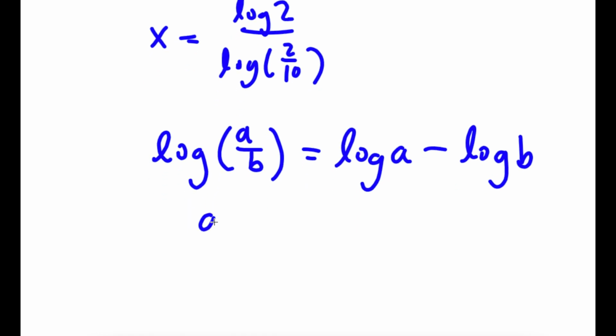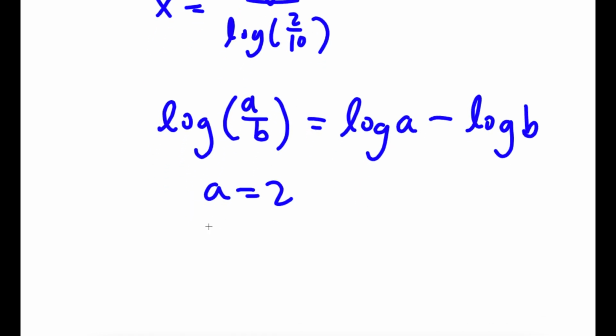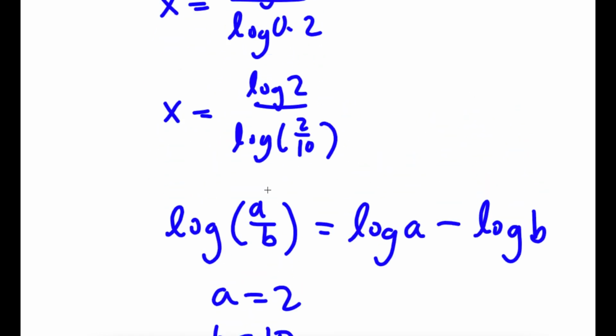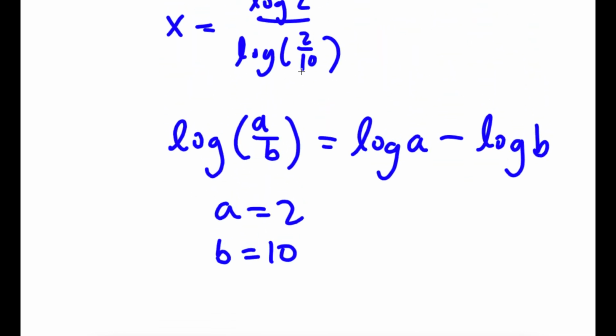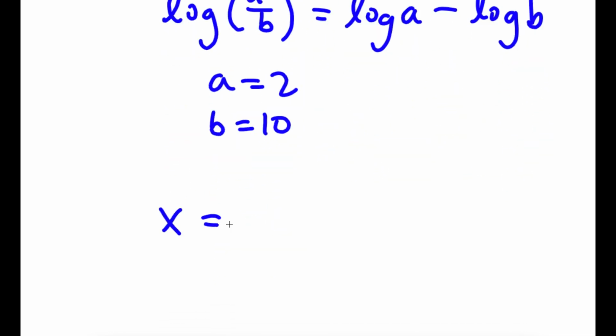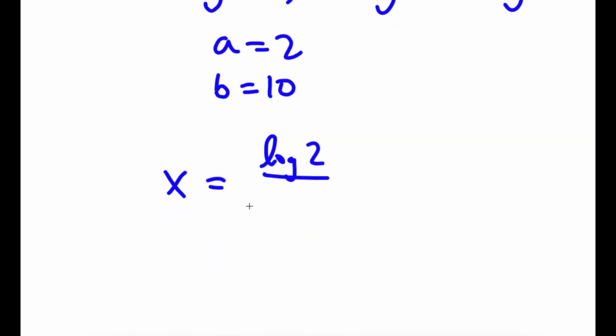So in this case, a is 2 and b is 10. So I can rewrite this as x is equal to log 2 over log 2 minus log 10.